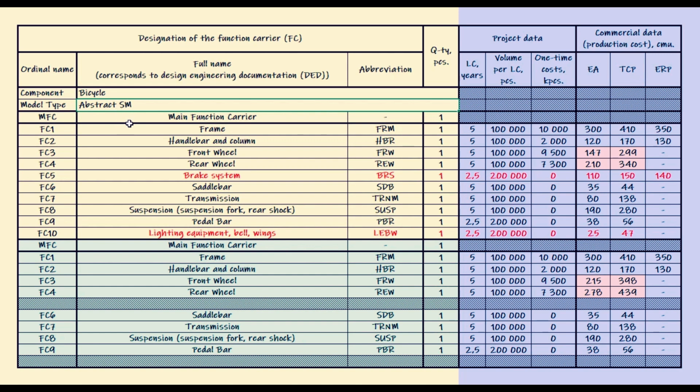We start with the least expensive standard elements that are physically distributed by the construction of the bicycle, usually fasteners, harnesses, and other standard products. In our case, these criteria are met by the carrier function number 5, the braking system, and the carrier function number 10, lighting, bell, winds.